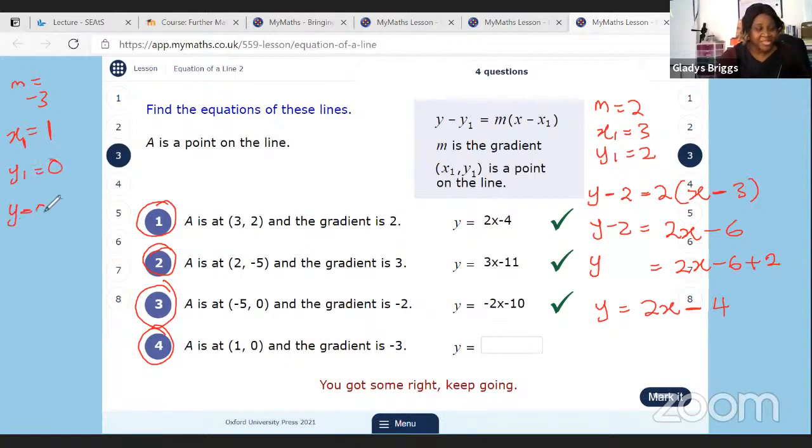y minus 0 is equal to negative 3 times x minus what? 1.